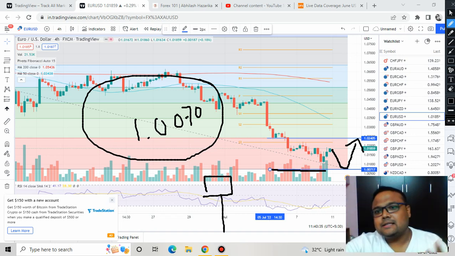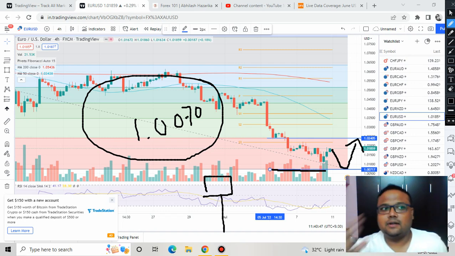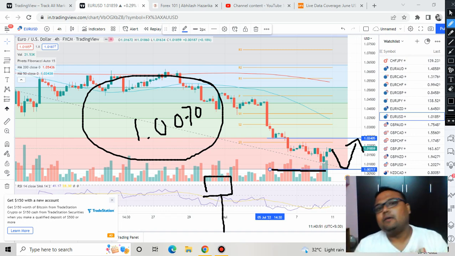And in case, following the present trend of the market, the market breaks the 1.0070 level, then obviously you can take a sell position. But yes, observe the size of the candle, because no breakout is possible without the support of volume. So volume is extremely important for any breakout.